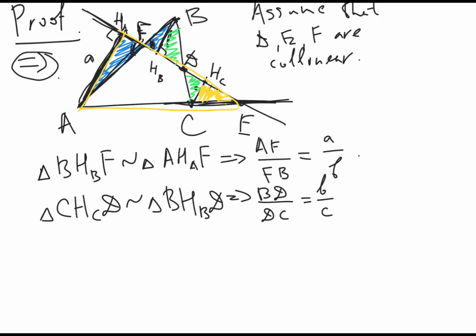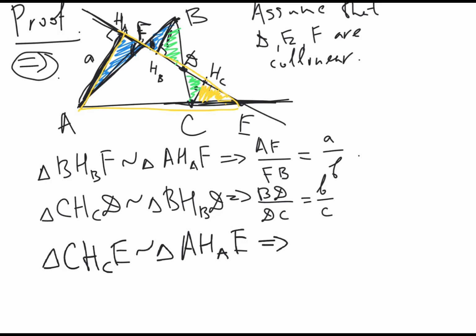So basically the triangle CHCE is similar to the triangle AHAE, and so from this we obtain that CE over EA is equal to C over A, right?